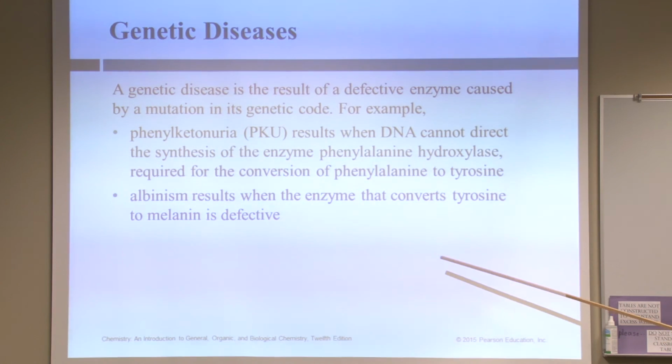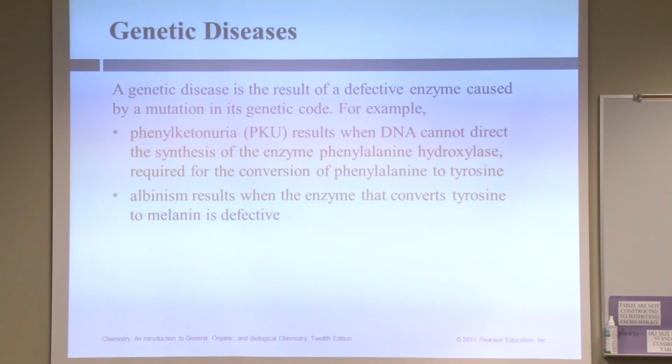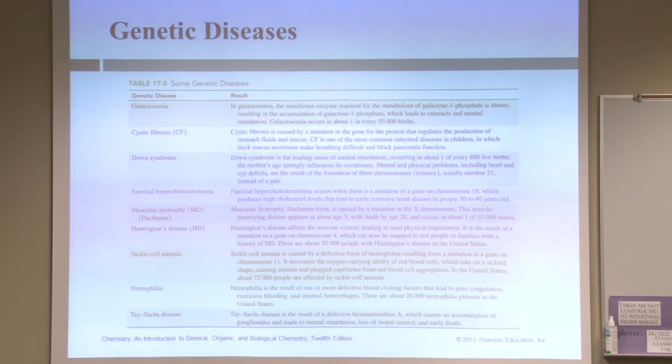So albinism is when, as we saw at the start, a peacock is just pure white, because it did not have the enzyme that converts this chemical to melanin, which is the pigment that gives color to the eyes, the skin, and all of that.